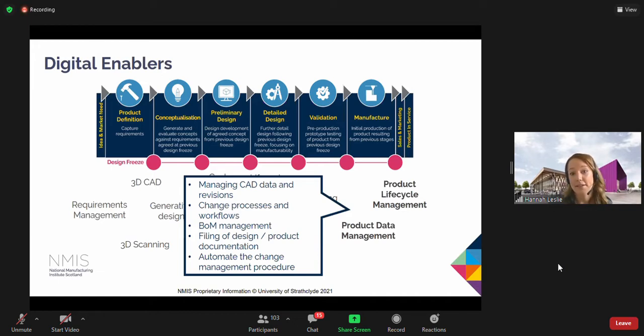And PLM software is common in larger organizations and includes all the functionality of PDM, but PLM, product lifecycle management, goes further and includes change processes and workflows, bill of materials management, filing of other design and product related documentation, as opposed to just CAD data. So, for example, technical product documentation. These systems massively streamline the engineering change management process and can largely automate change request processes through the use of workflows.